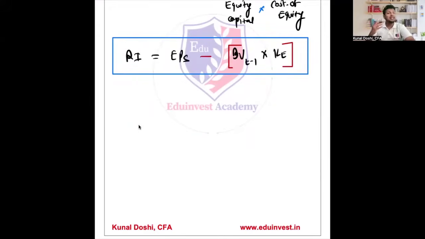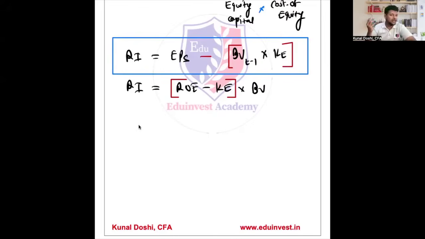The other way is based on your formula of ROE and R. So another approach of residual income is ROE, return on equity, minus R, that is your cost of equity. You take the difference between both and multiply with the book value.